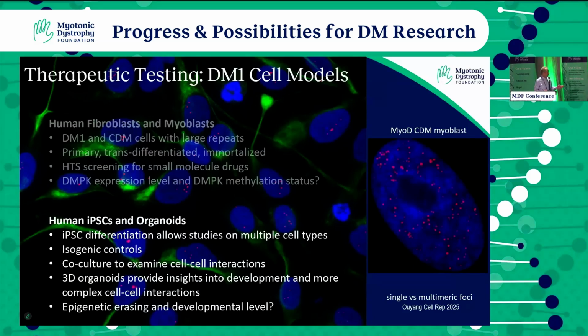Co-culture allows you to look at cell interactions. 3D organoids, of course, are coming online, which have tremendous implications in the future. But then the question is, how is everything affected by epigenetic erasing and developmental level? As iPSC neurons don't make it much past P4 in a mouse. If you're talking about dopamine neurons, P0.